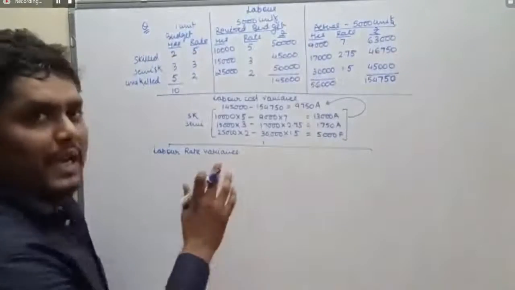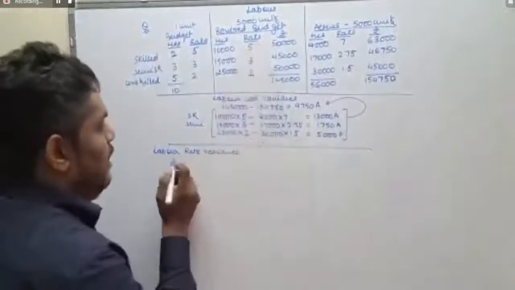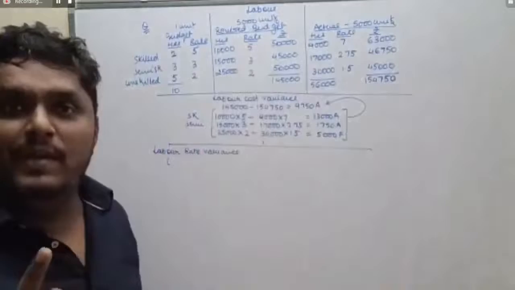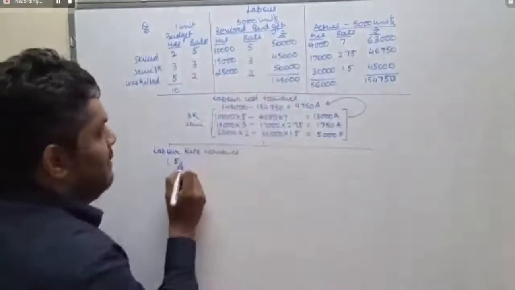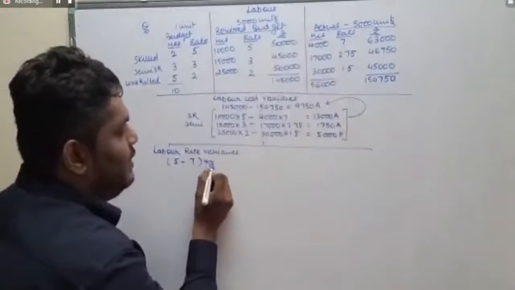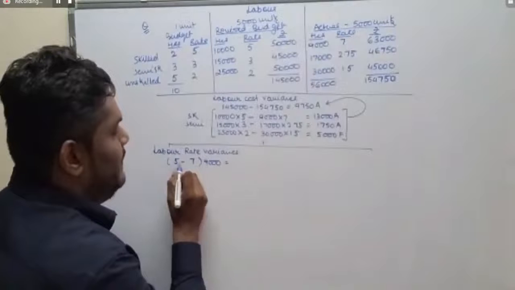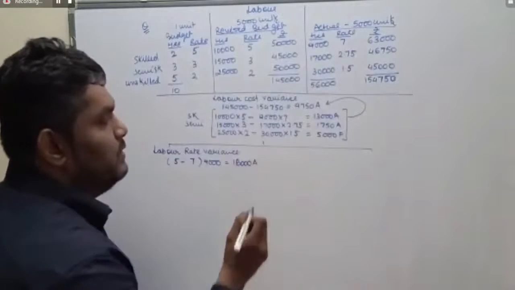Now, when talking about labor rate variance, again the same concept, guys. How much price was supposed to be paid for material? Similarly, how much were we supposed to pay for labor? 5. But we paid at the rate of 7 into actual 9,000 hours. So it will be 18,000 adverse.